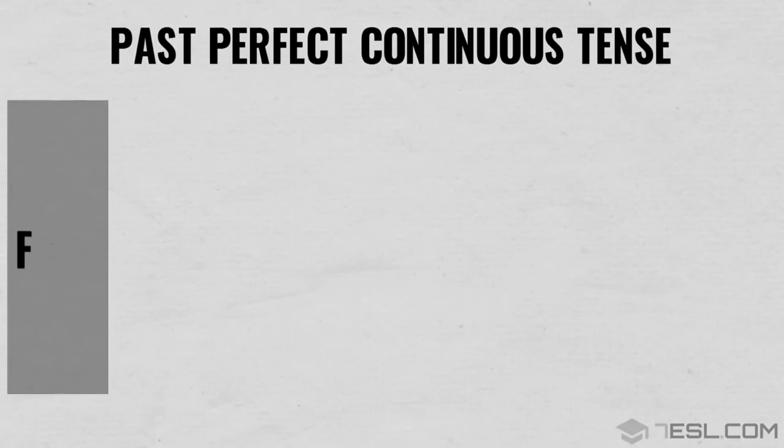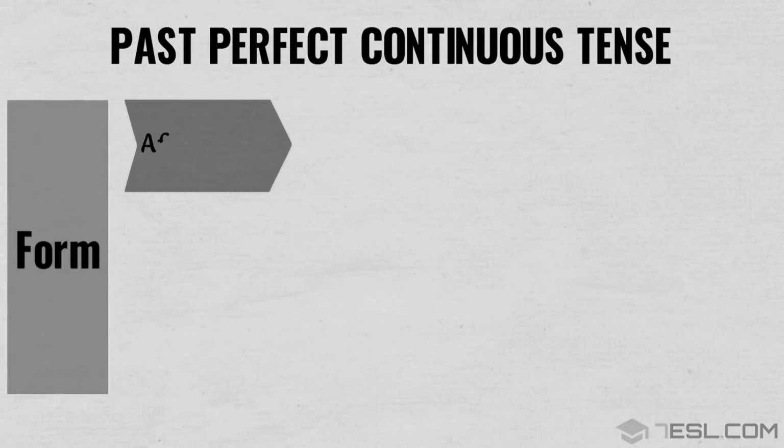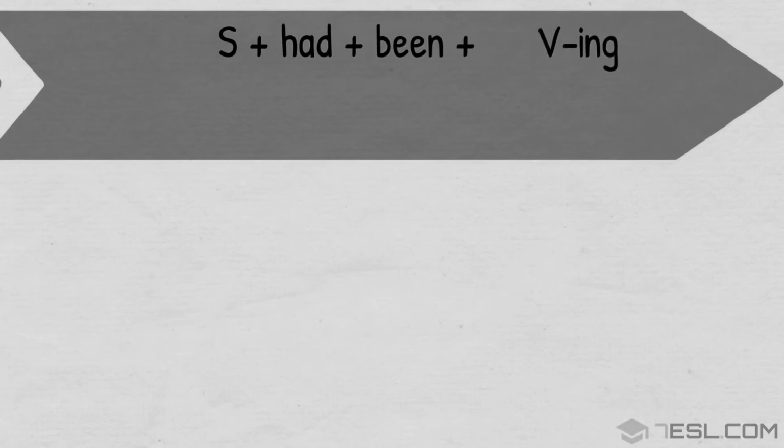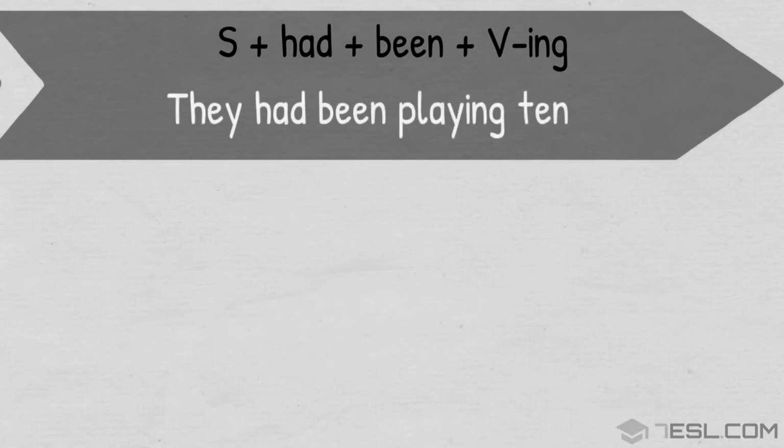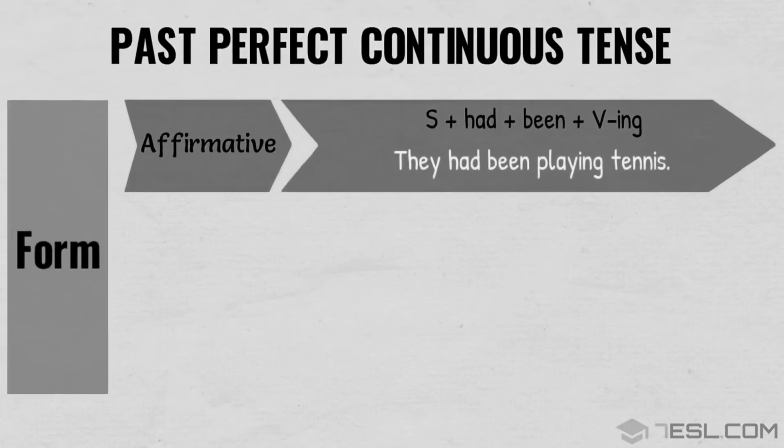Past perfect continuous tense. Form. Affirmative. Subject plus had plus been plus verb ing. They had been playing tennis. Negative.